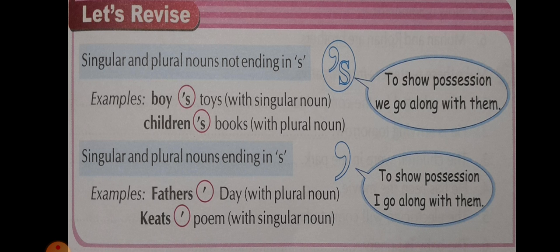So, an apostrophe is used to show possession. An apostrophe goes with singular or plural nouns ending in S, and apostrophe S goes with singular and plural nouns not ending in S. If there is no S in the last of a word, then we will use apostrophe S, and if there is already S in the last of a word, then we will use only an apostrophe.